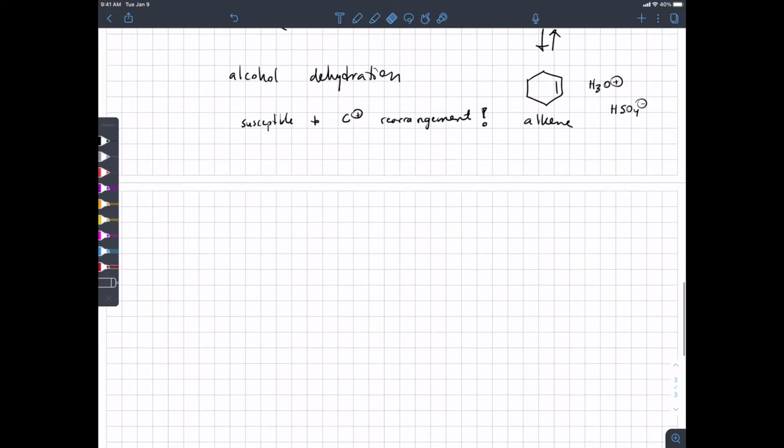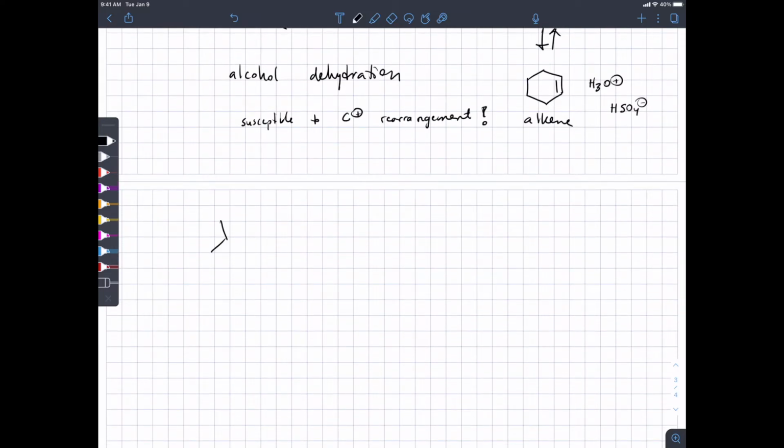What I mean by that is, let's suppose we take our example of carbocation rearrangement that we've chosen, and we want to use sulfuric acid to do an elimination reaction. We're going to get first this carbocation, and it's going to be in equilibrium with the corresponding tertiary carbocation via a 1,2 hydride shift.